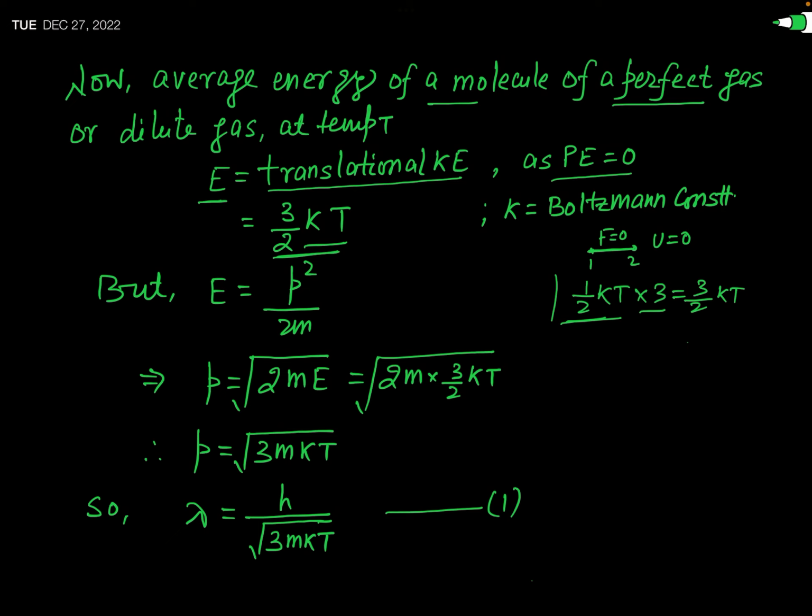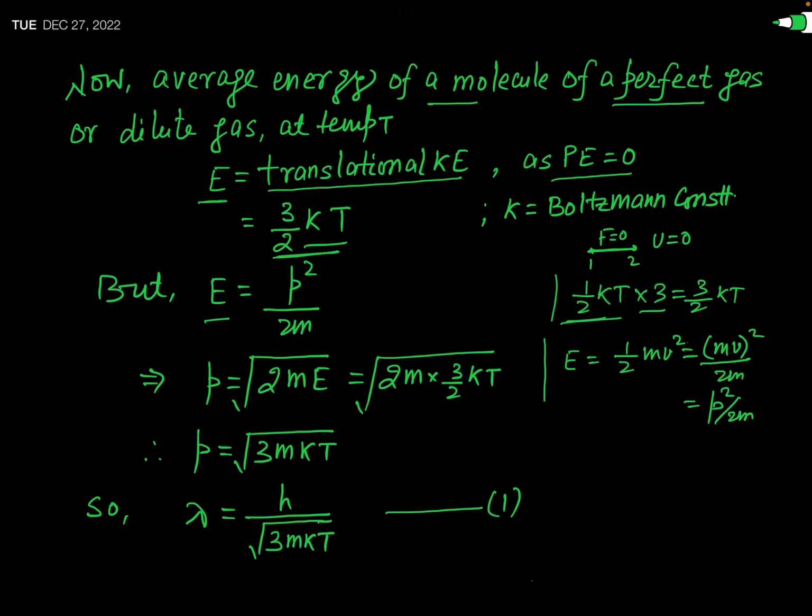But you know that this E is simply translational kinetic energy, so this E can be written as p square over 2m, because kinetic energy is half mv square, and this can be written as mv whole square over 2m, but mv is p, so this is simply p square over 2m.